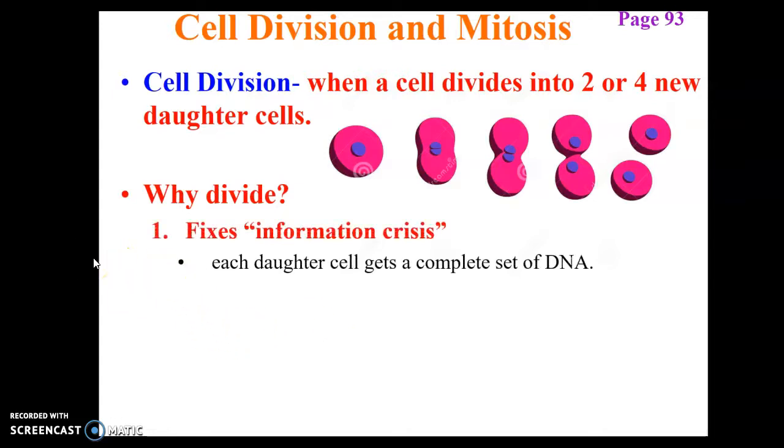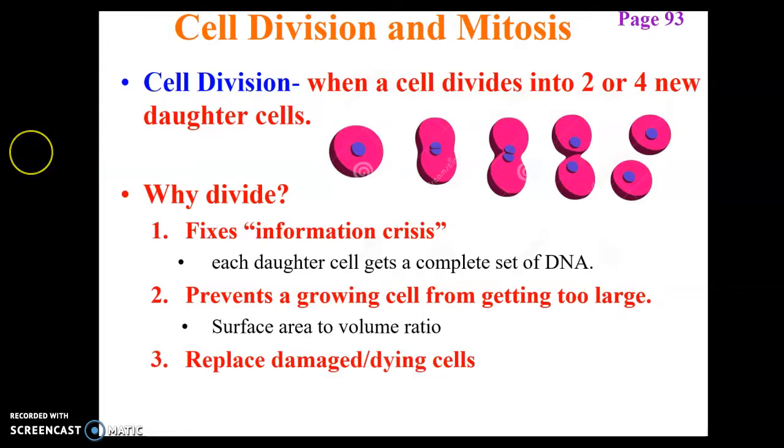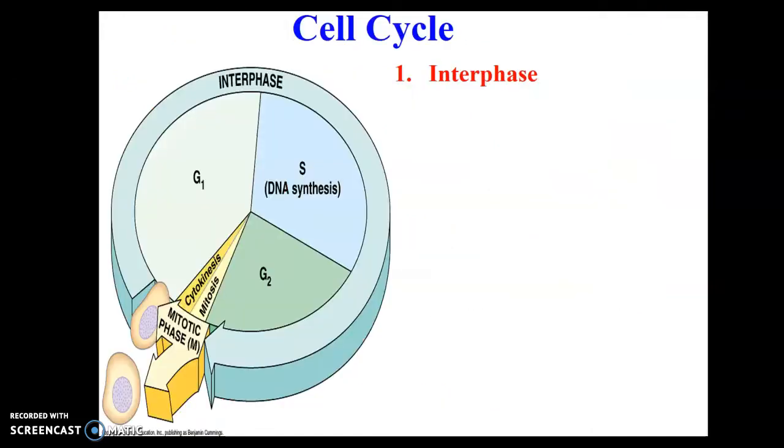One, it takes care of that information crisis where you have a complete set of DNA that fits the cell. It prevents a cell from getting too big. Remember, they have to stay small because of surface area to volume ratio. Also, fixing wounds and growth, things like that. So those are the reasons that you would bother to divide if you were a cell.